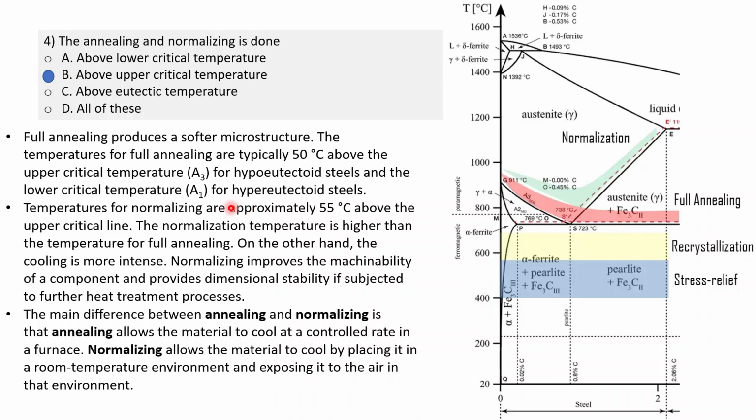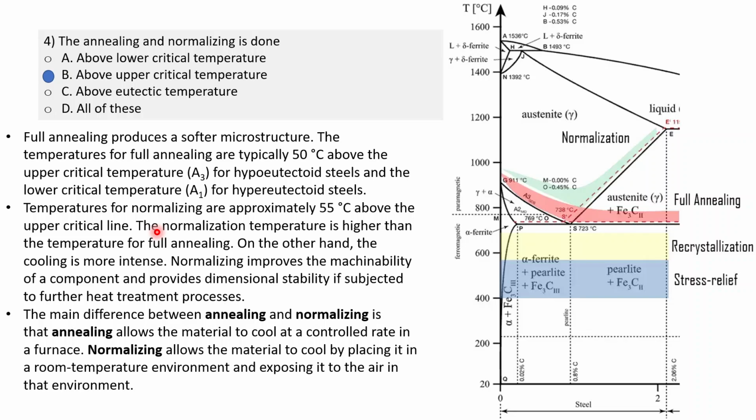Temperatures for normalizing are approximately 55 degrees Celsius above the upper critical line. The normalization temperature is higher than the temperature for full annealing. On the other hand, the cooling is more intense.